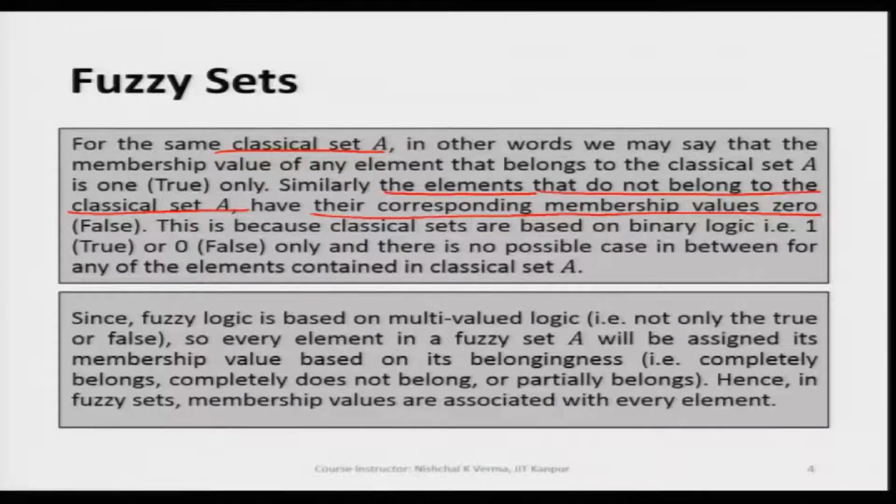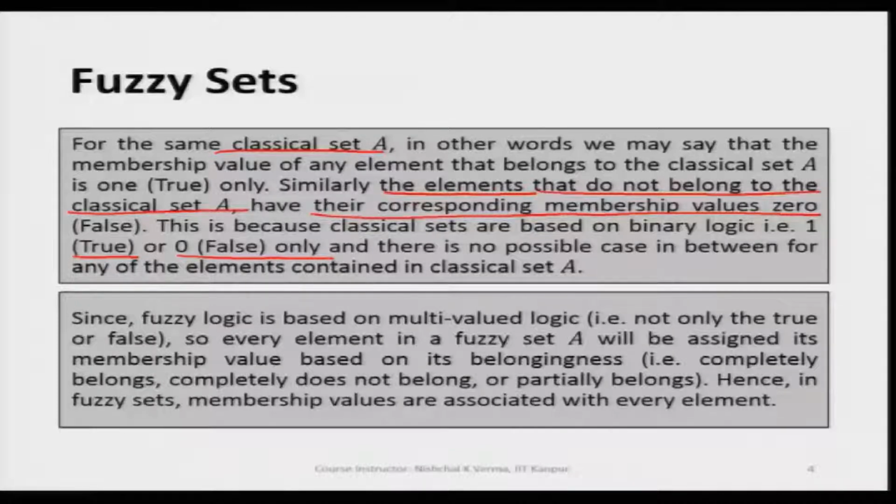If an element is present in the classical set, we say that it is true, and if the element is not present, meaning 0%, it is termed as false.